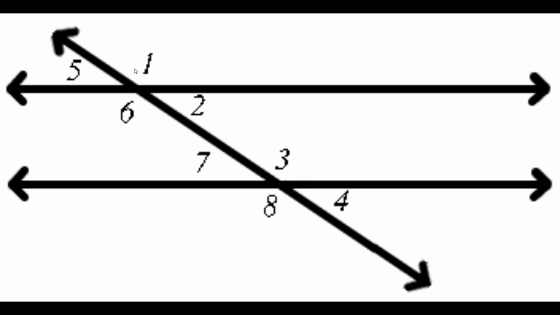If angle 3 is 140 degrees, then angle 1 must also be 140 degrees. Now we can move on to use angle 1 and angle 5 as supplementary adjacent angles. So that linear pair must add to be 180 degrees, which makes the measure of angle 5 40 degrees.